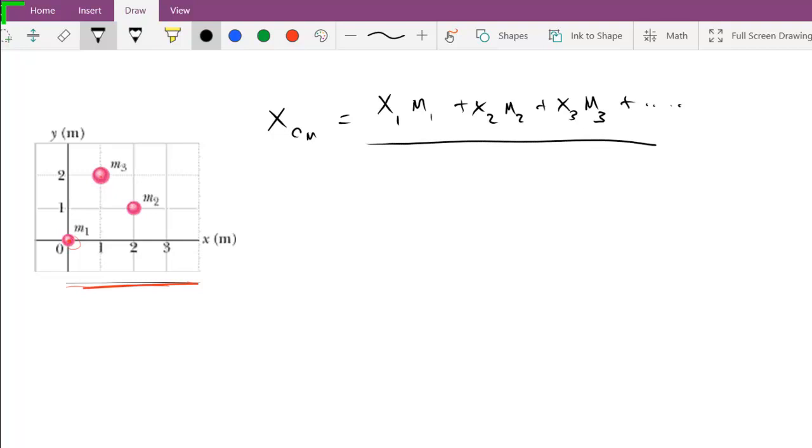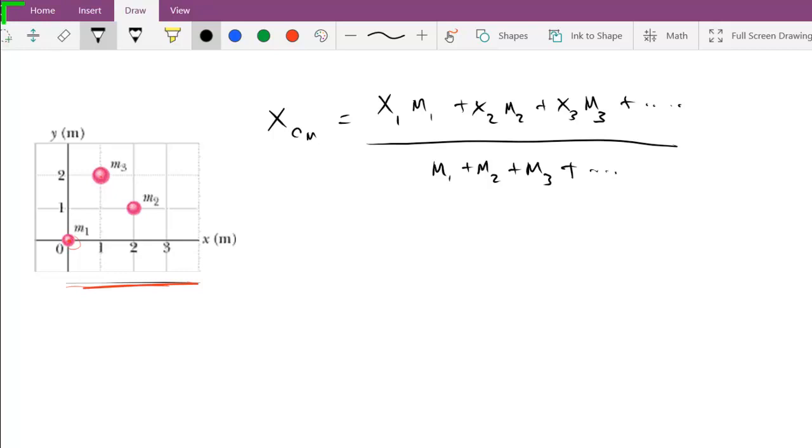Then this is divided by the total mass: mass 1 plus mass 2 plus mass 3 plus so on. So it's a weighted average.